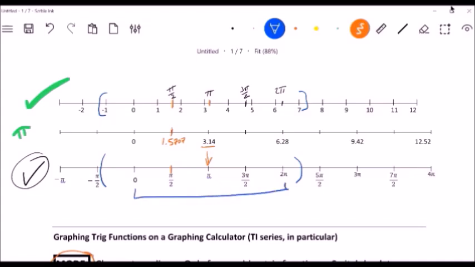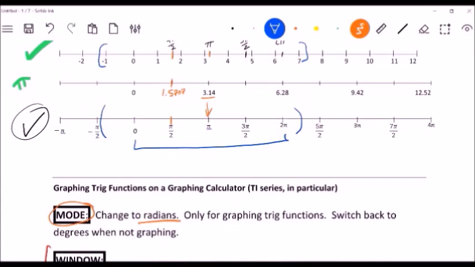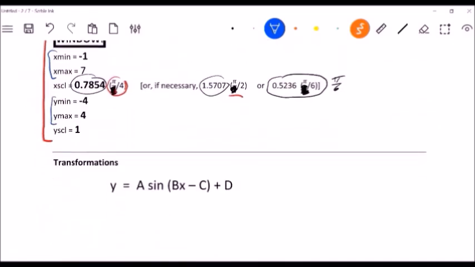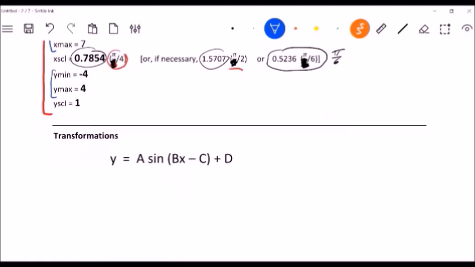That means mainly that we'll get 0 to 2 pi for anything that we graph, and a little before and a little bit after. And the maximum and minimum for the y's is going to go from -4 to 4, and you'll see that on a graph in a moment.